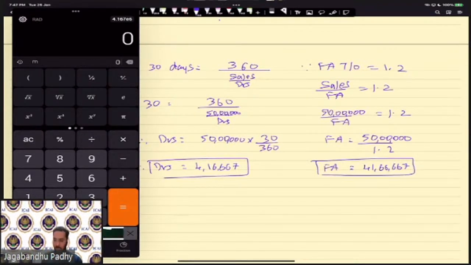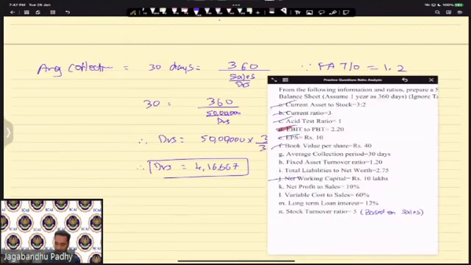That's the fixed asset which we get based on the fixed asset turnover ratio.